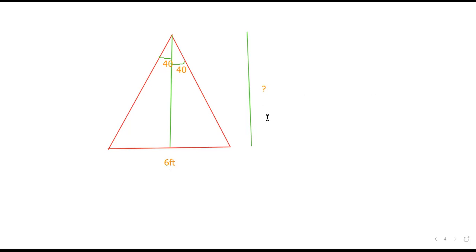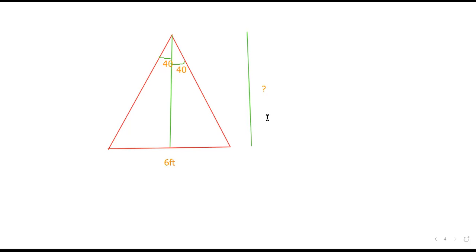Once again, I am just going to read the full statement. This was all about the geometry of the problem. The cross-sectional view of a tent, you can consider it as a tent, is shown. If the tent is 6 feet wide at its base, that is the line 6 feet at the base, then which of the following expressions could be used to calculate the height of the tent in feet?